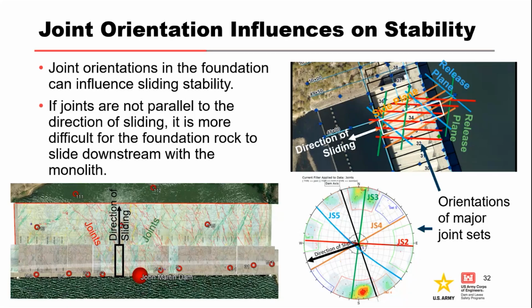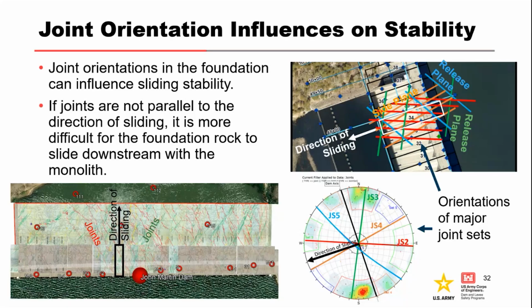So if I have movement of this middle block, in order for it to slide out, multiple blocks in the rock foundation have to be engaged. And part of that reason is because the monoliths are often bonded to the foundation, so otherwise they would have to slide on top of the foundation.